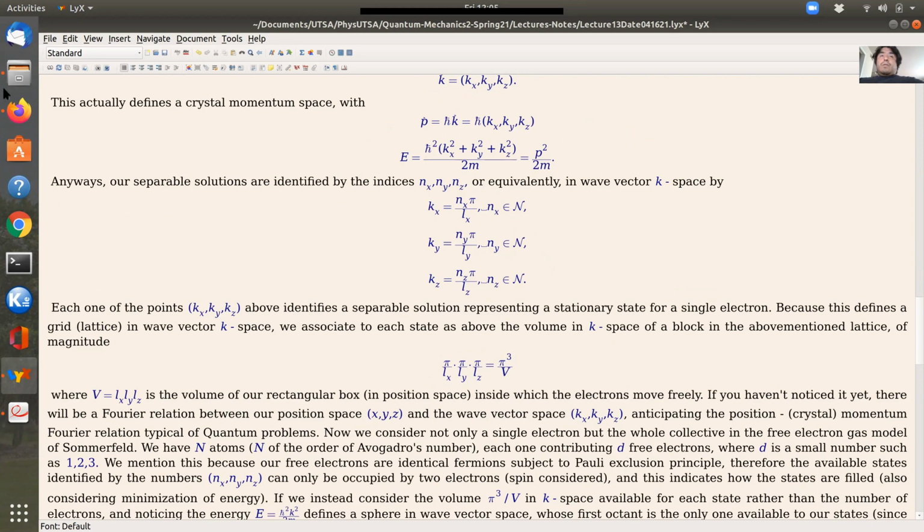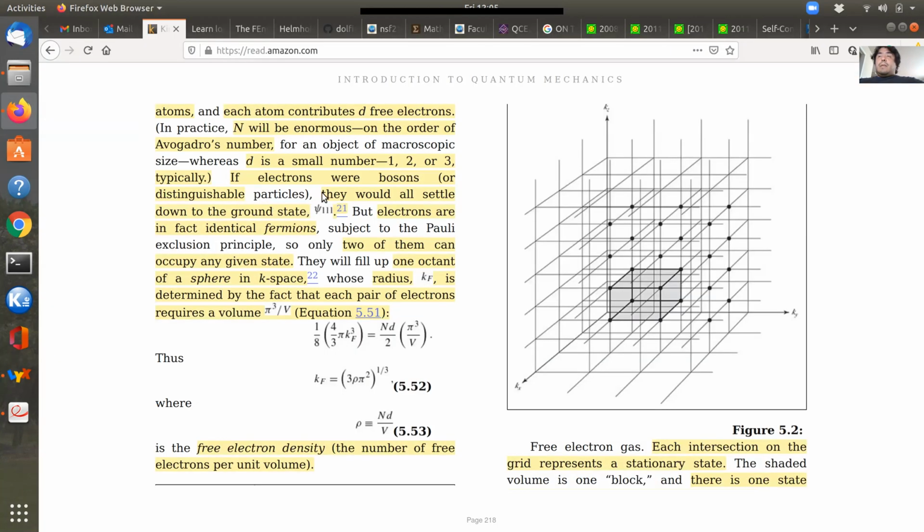And I want to show an illustration, which is from Griffiths, where these are the points that are representing each one of the stationary states that we found by means of separable solutions. So this is what we mean when we talk about k-space.